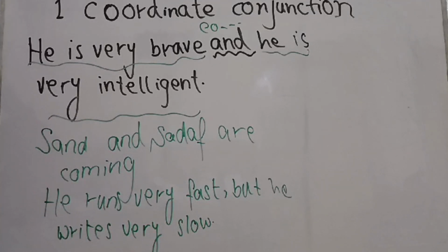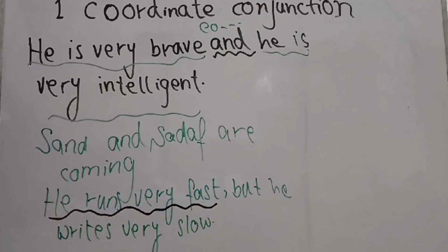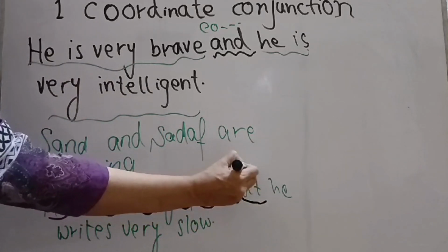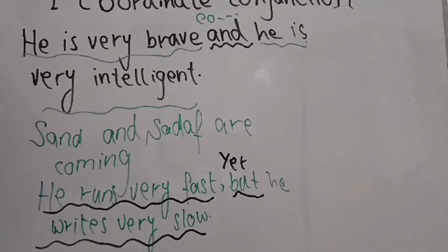"He writes very slow" is another. Here we can write either but or yet: he runs very fast, yet he writes very slow. So this is another example. I hope you understand what a coordinate conjunction is.